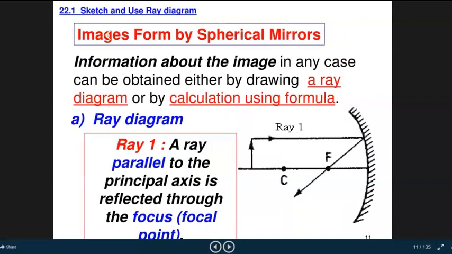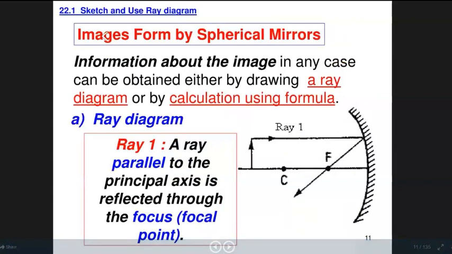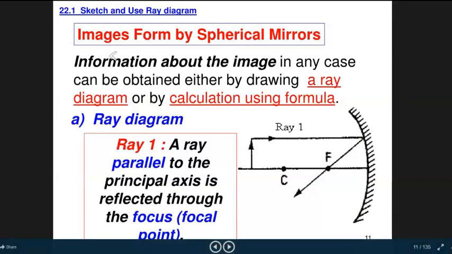Next, we have to state the rules that are used to draw the image diagram for the spherical mirror. For images formed by a spherical mirror, we have to learn specific rules. Here, a special ray diagram we have to learn about, and there are only three special rays.